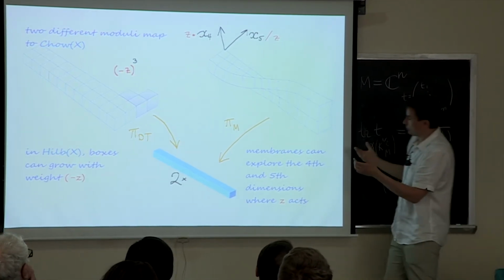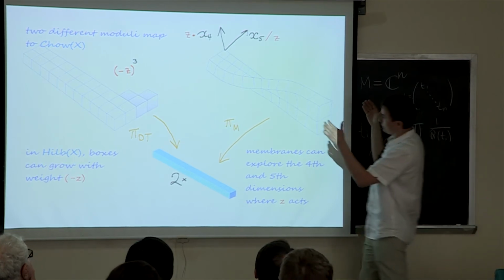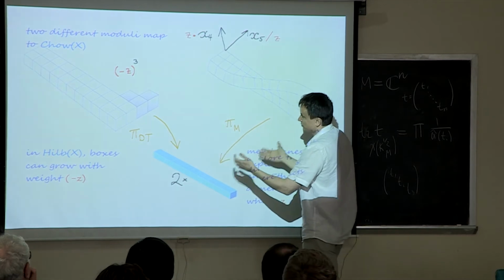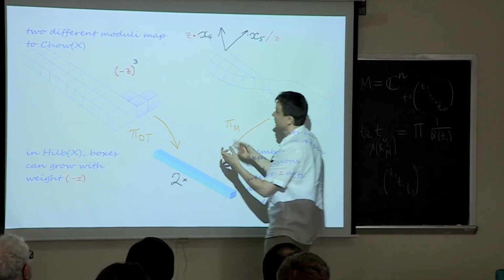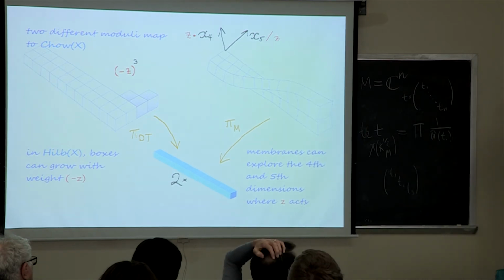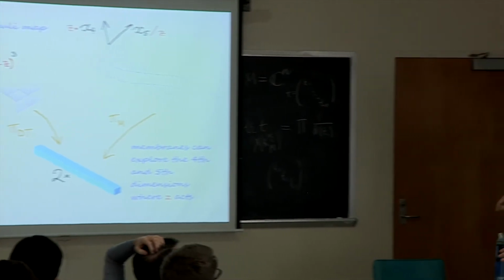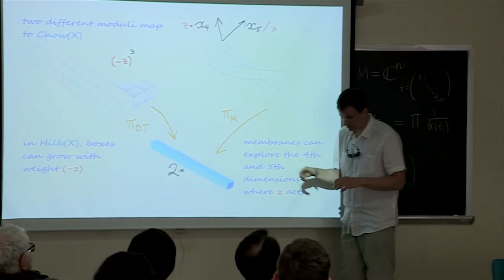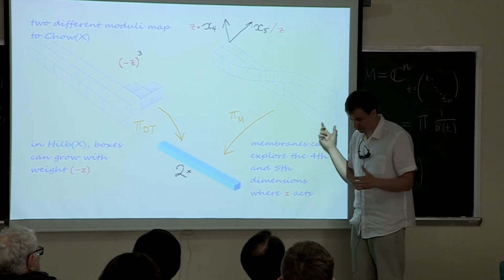So the statement would be that there are two maps from two moduli spaces of different nature, especially in how they both treat Z. Can we do some sort of micro-localization? No. There is localization in the following sense.